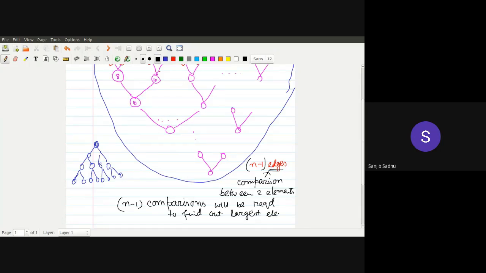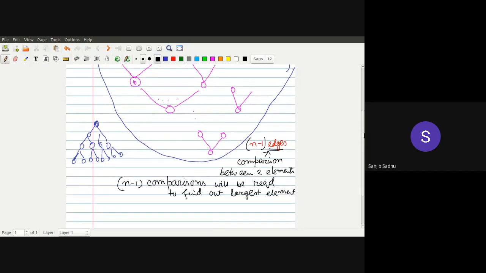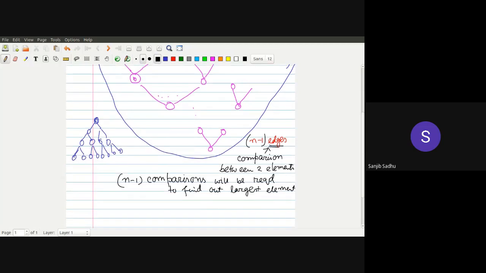So this is called lower bound. If anybody asks you how can you say that it is not possible to design any log n algorithm, you just say that whatever be the techniques, you are just comparing and you will get a graph-like structure, and you cannot have less than n minus 1 edges, because if you get a graph structure which has less than n minus 1 edges, then that graph will be disconnected.